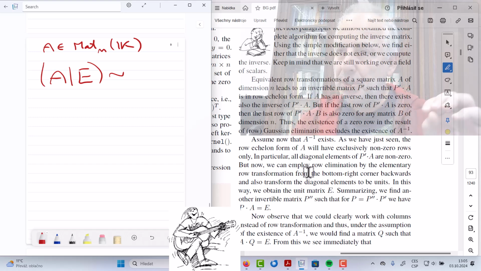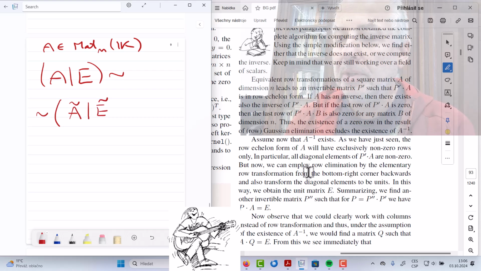More elegant with the zeros up as well, right? So what we get is that you get to some A tilde, and here will be some E tilde, and the A tilde is in the row echelon form.